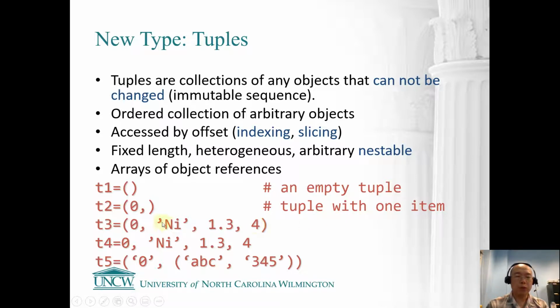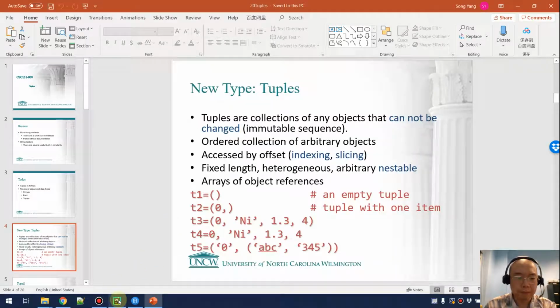If you write t2 equals parentheses 0, comma, that comma looks a little bit weird, right? But that comma reminds Python that this should be treated as a tuple. Otherwise, if you remove that comma, Python will consider this as a number. Let me show you what I mean.